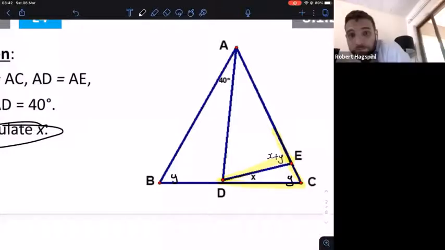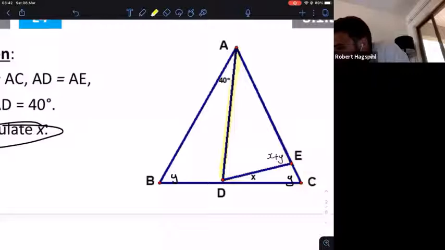Everybody happy? Cool. And if that angle is equal to X plus Y, they've told me that these two yellow lines are equal. So I've got an isosceles triangle there, and that must also be equal to X plus Y.